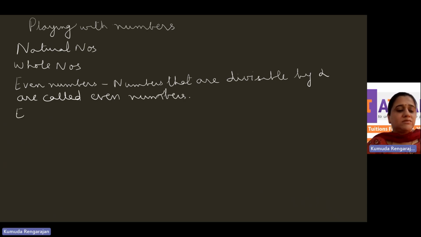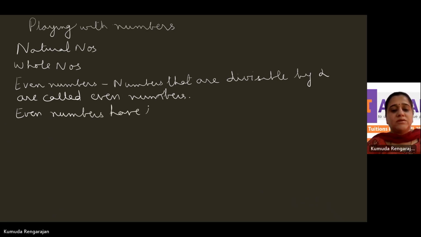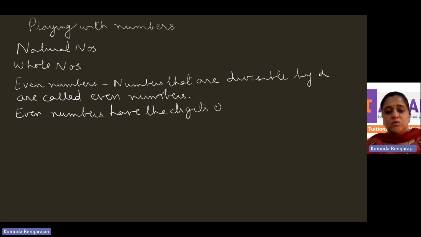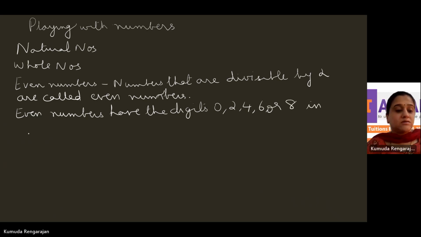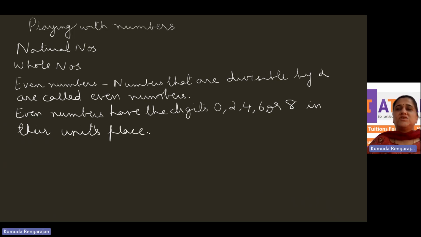Now, even numbers have the digits 0, 2, 4, 6, or 8 in their units place, or the ones place. So just by looking at the number, you can say if it is an even number.